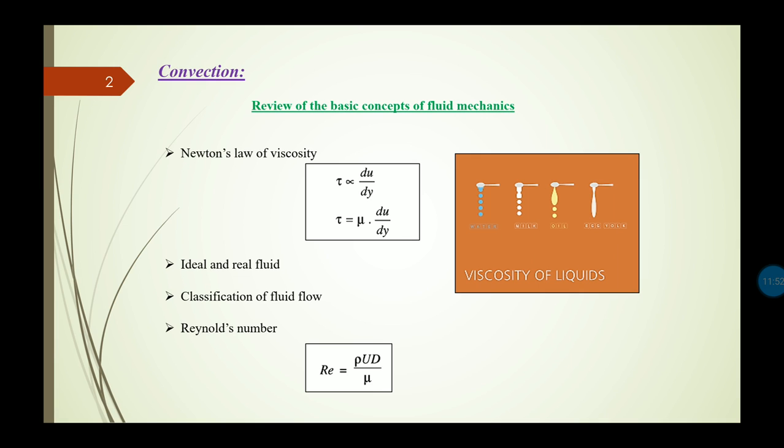From the diagram given here, for the viscosity of liquids, four things are given: water, milk, oil and egg yolk. Water and air have low viscosity, so they are considered almost ideal fluids. From the basic concept of viscosity, we can see how they behave in terms of their low or medium viscosity.